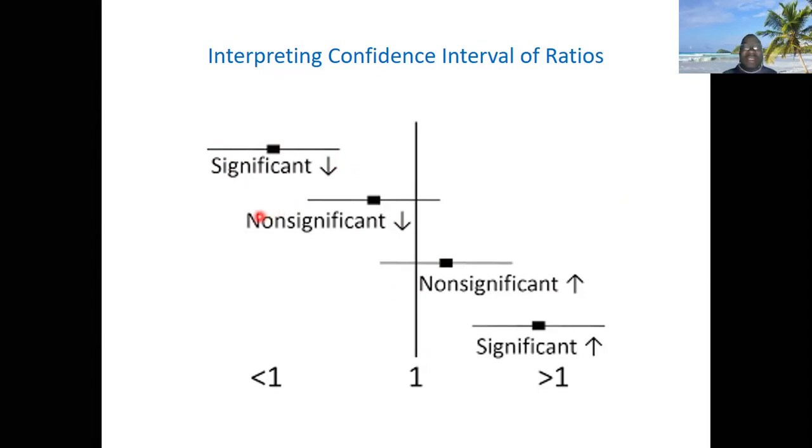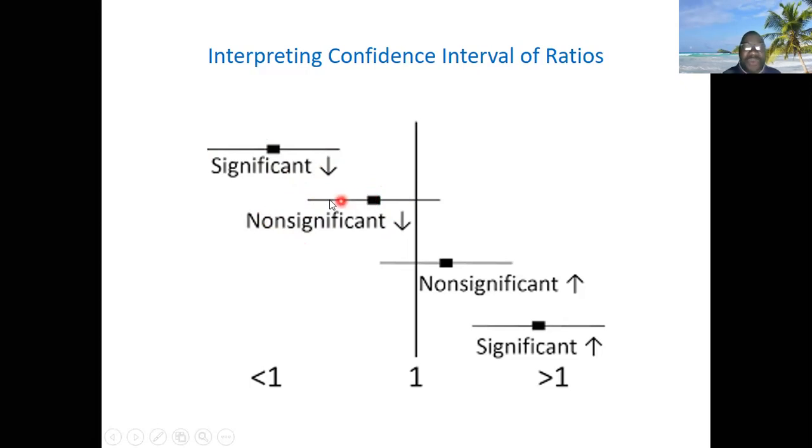But look at this one. The lower value is less than 1, the odds ratio is less than 1, but the upper value is greater than 1. The difference between these two is that for the first, the confidence interval does not cross 1, but for this one, the confidence interval has crossed 1, even though the relative risk you calculated is less than 1.